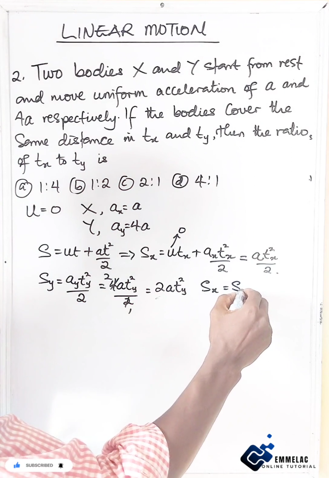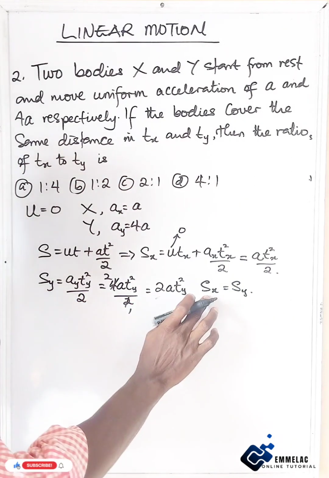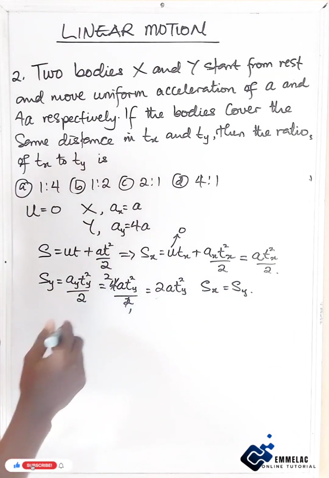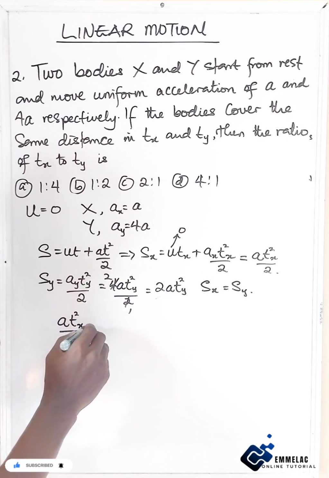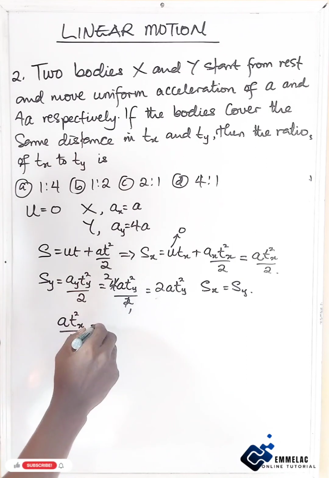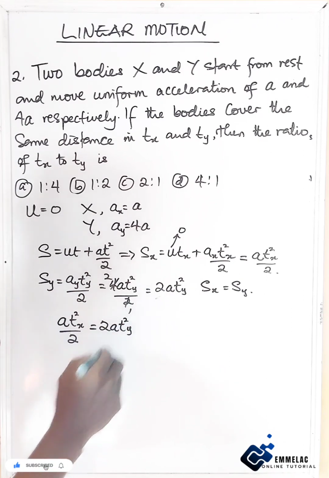Now, the question says that the bodies cover the same distance, which implies that s sub x equals s sub y. So we can literally say that a t squared sub x all over 2 equals 2a t squared sub y.